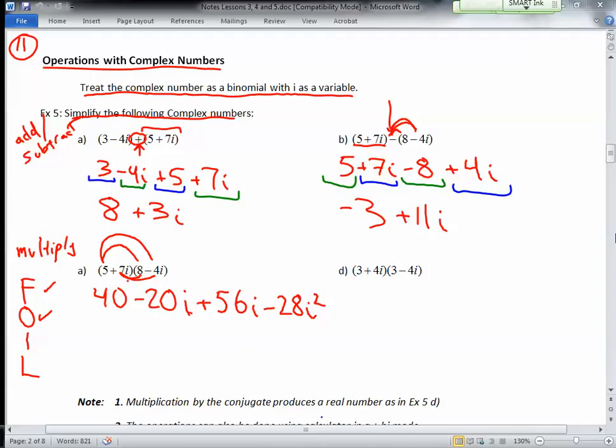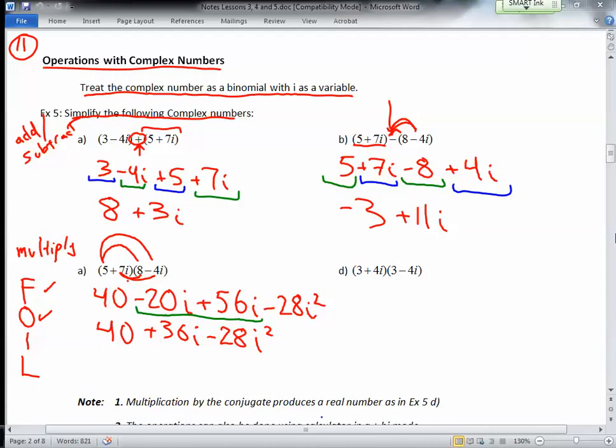So first step is come down, combine my like terms. You should always have your like terms in the center here to combine. So I end up with a plus 36i minus 28i squared. Okay, and if I'm working with i's, I'm always going to have this last step.